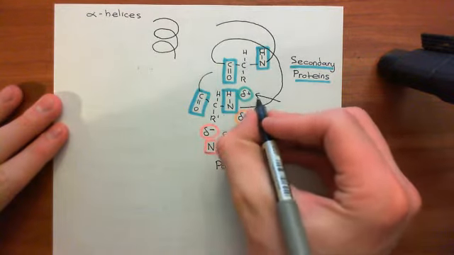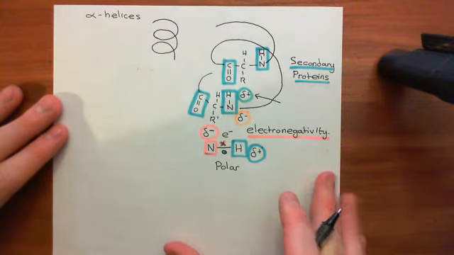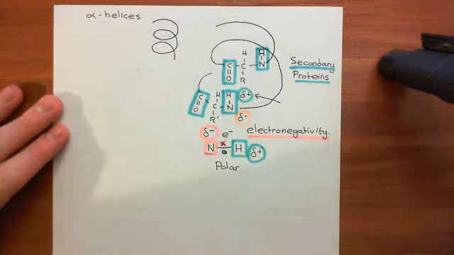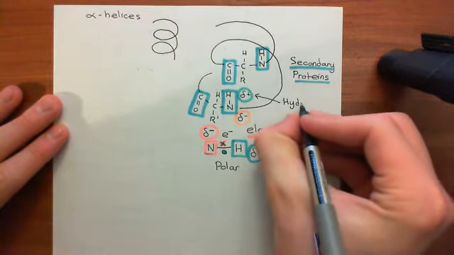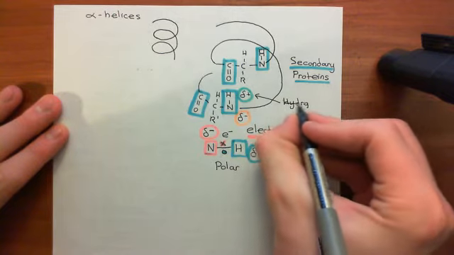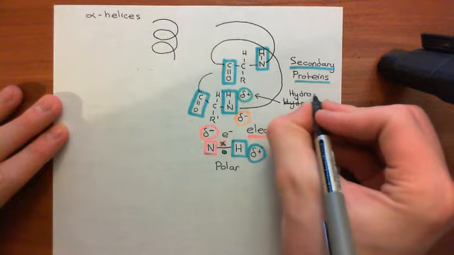And the partially positively charged hydrogen, because it has such a central role in the formation of hydrogen bonds, is actually given a fancy name. It's known as the hydrogen bond donor.